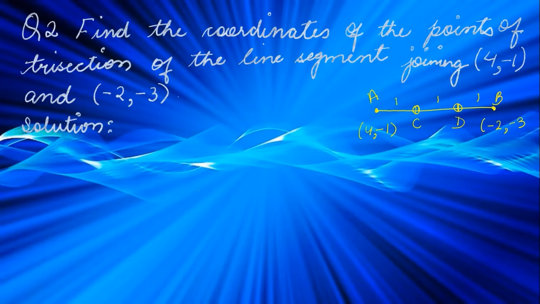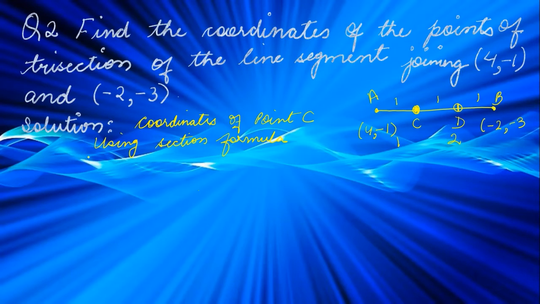Okay. Now when we are finding the coordinates of point C, the ratio will be 1 is to 1 plus 1, which is 2. So it will be 1 is to 2. So the coordinates of point C, we will find using the section formula. What is the section formula?